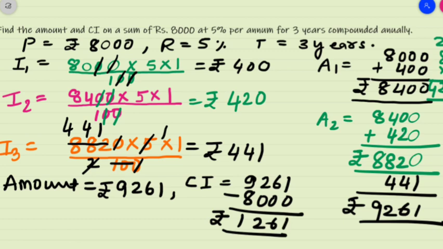So children, see, for rupees 8,000 at 5% for 3 years compounded annually, compound interest will be 1,261 and the amount will be 9,261.